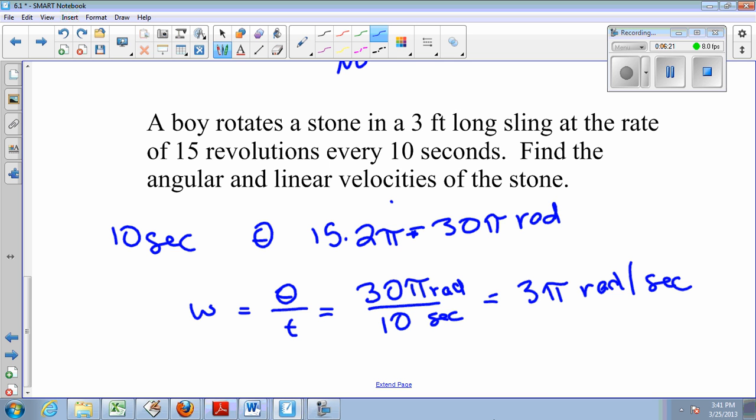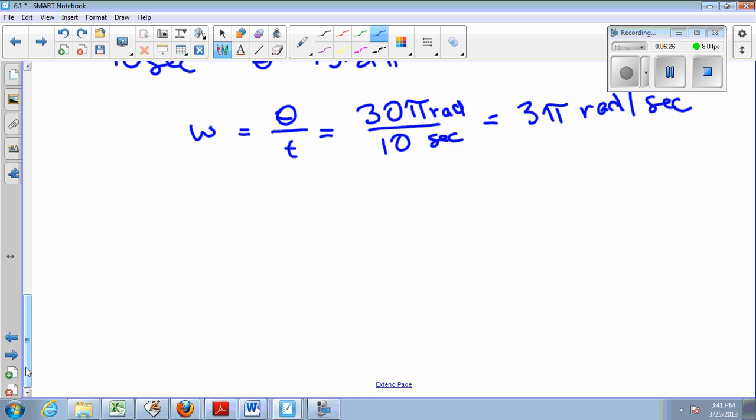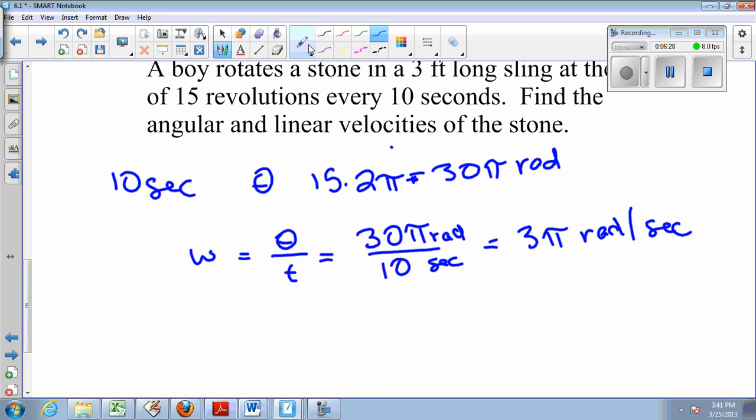So to find our linear speed, the distance traveled by the stone in 10 seconds is s, because we're talking arc length, is 15 times 2 pi r, because radius matters.